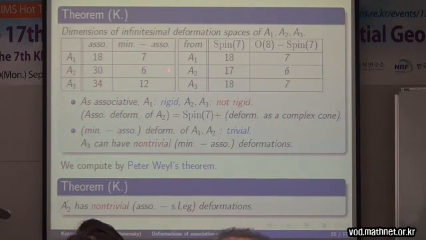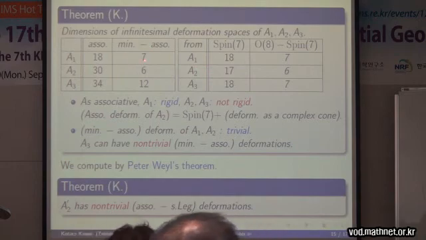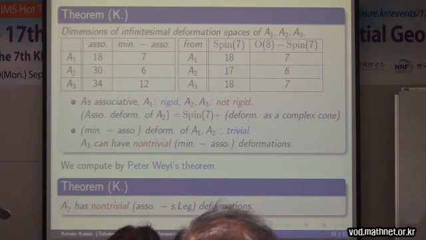The next column means that if we deform A1 as a minimal and non-associative submanifold, so we study the difference of associative and minimal, the dimension of the difference is given by 7. In the case of A2, the difference is given by 6.